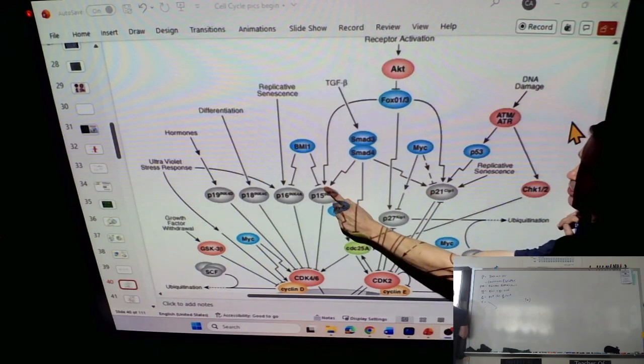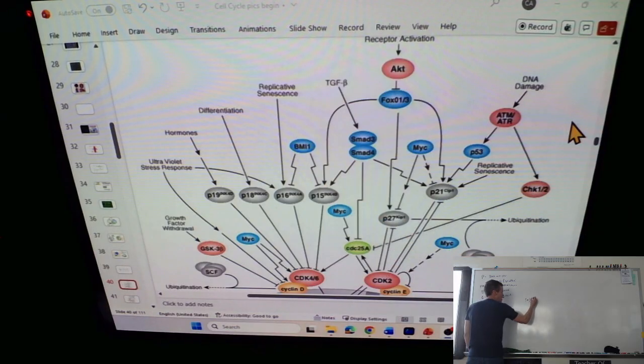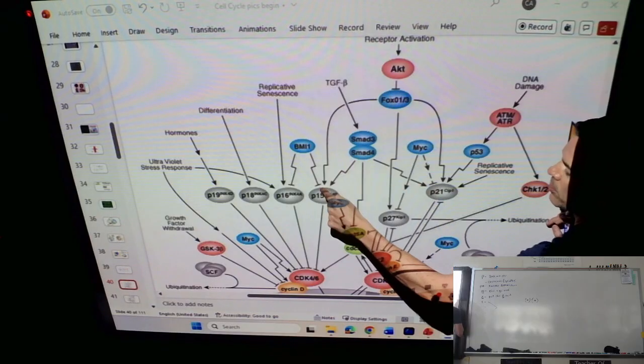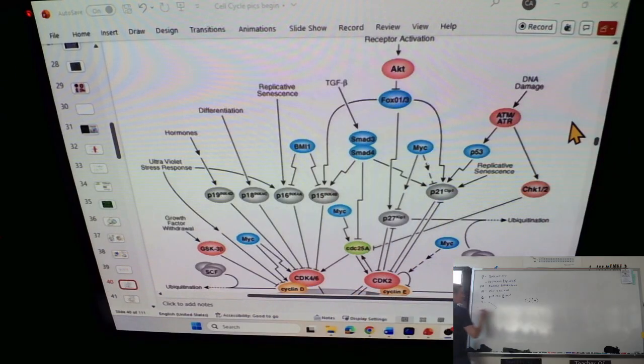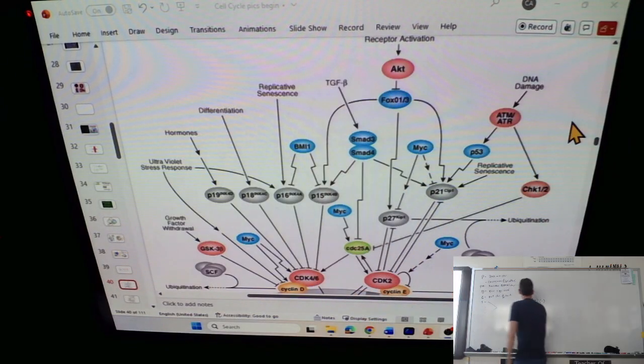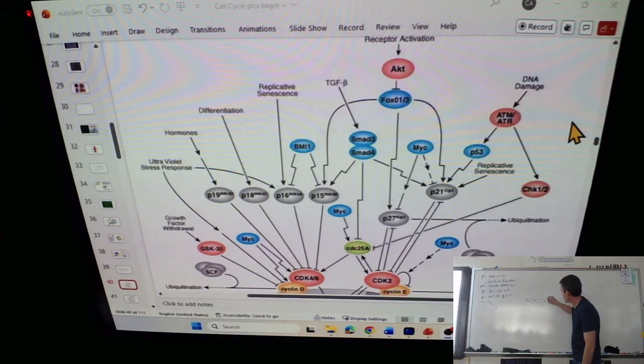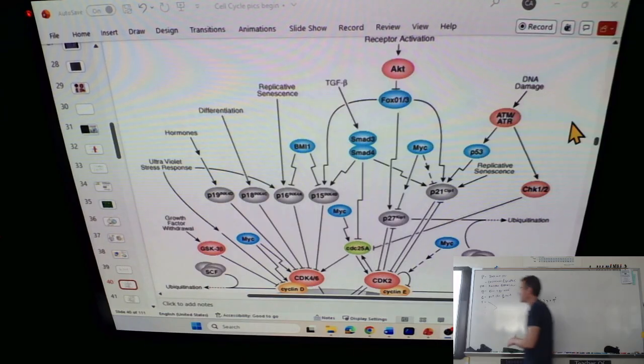Do you see why I'm calling this a plus and that one a minus? That one's saying stop and that one's saying go. So plus means go and minus means stop. That's a minus, that's a plus, and that's a minus. In math, a minus times a plus times a minus is a positive number. So it's saying go. It's a proto-oncogene. Makes sense.